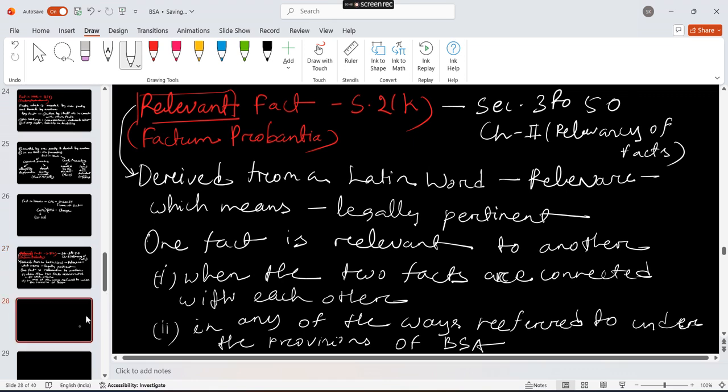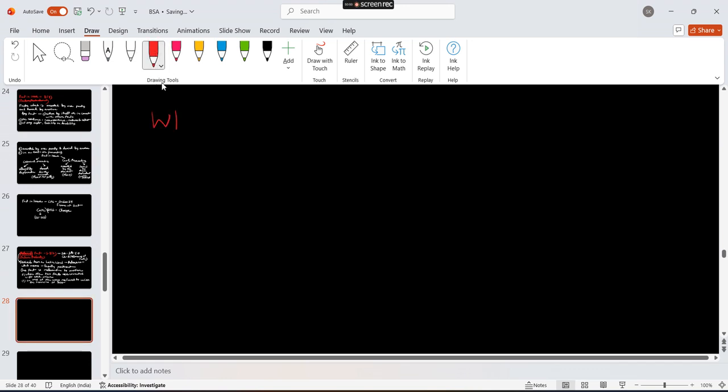So if there is a fact in issue, whether A stabbed B, and there is no such evidence by which we can establish it, no eyewitness, no one has seen them fighting, no one has seen them. So the question is whether A stabbed B. So what are the relevant facts to establish whether A stabbed B?